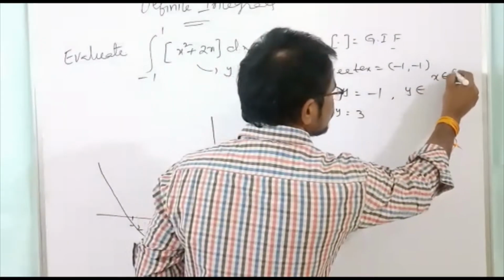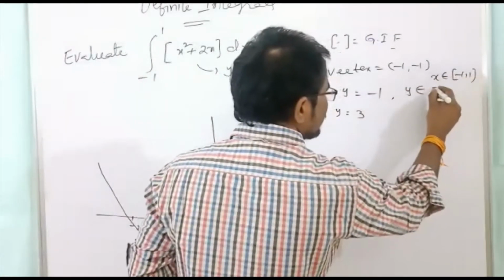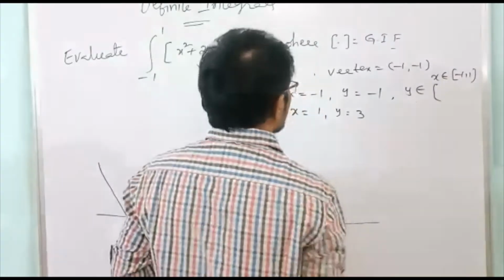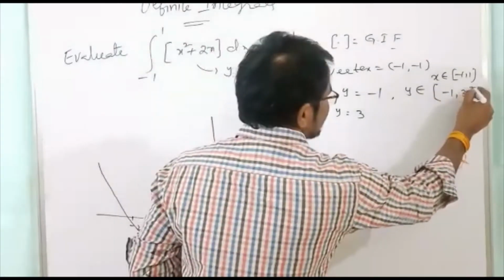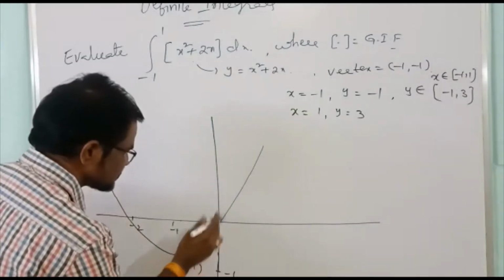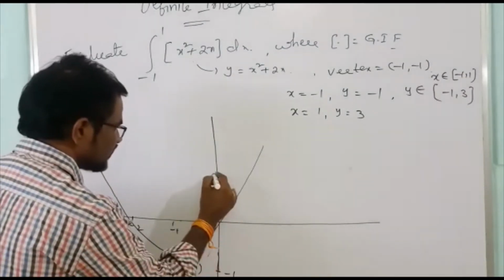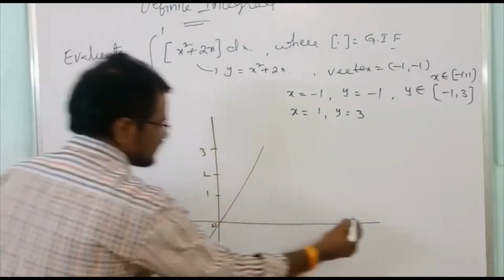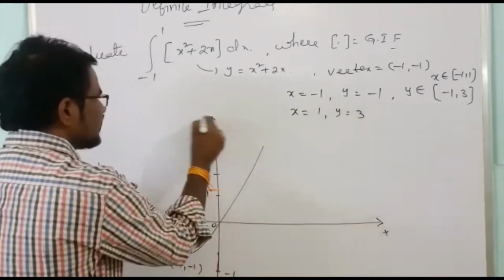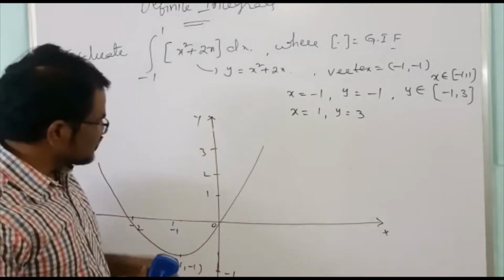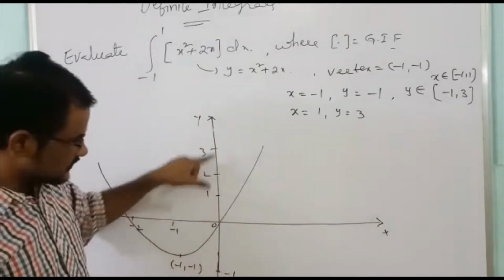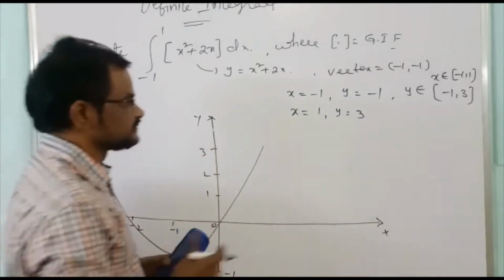According to that, y belongs to minus 1 to 3. So here minus 1 is there, 0 is there, here 1 and here 2 and here 3. Right? Now here between minus 1 to 3 there are 3 integers.